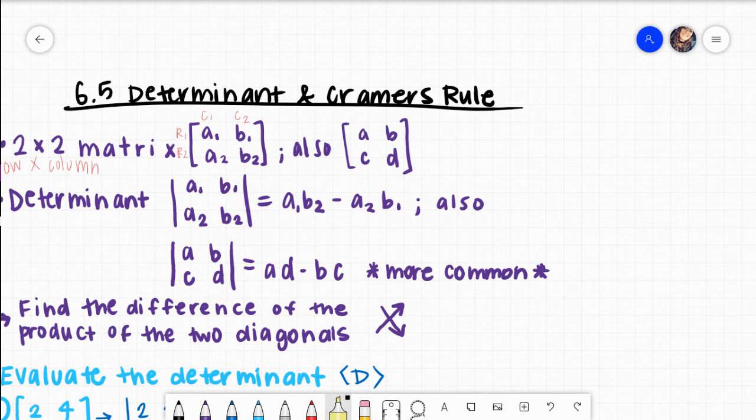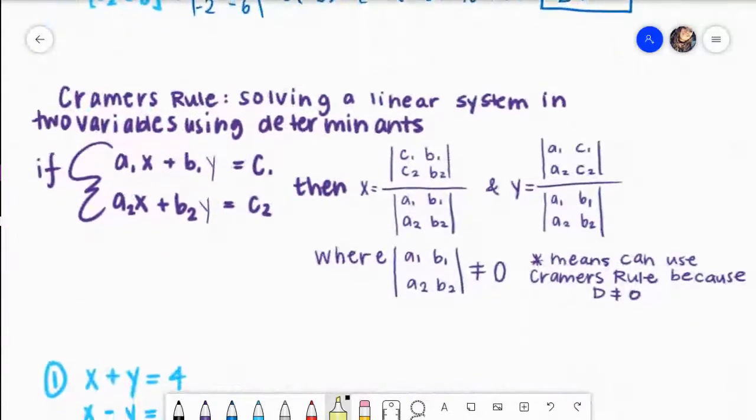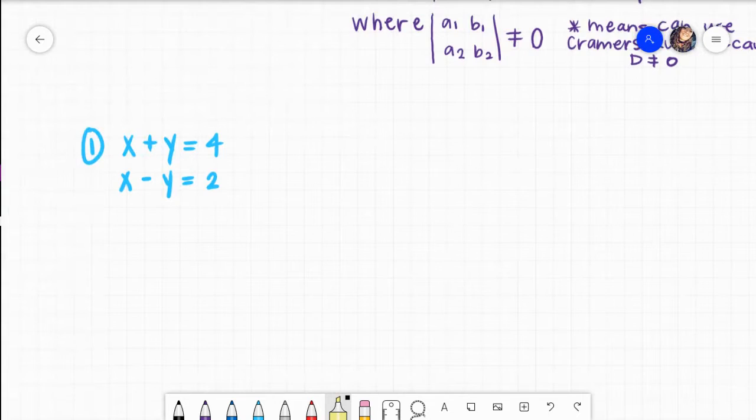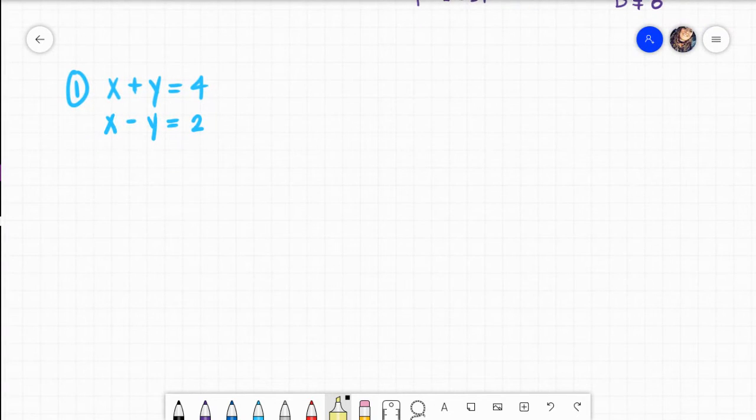So knowing that, the first thing I want to do whenever I try to solve this problem is, that's the determinant, A sub 1, B sub 1, A sub 2, B sub 2. First, let me find that determinant, okay? So for problem 1, what I have is x plus y equals 4, then x minus y equals 2.